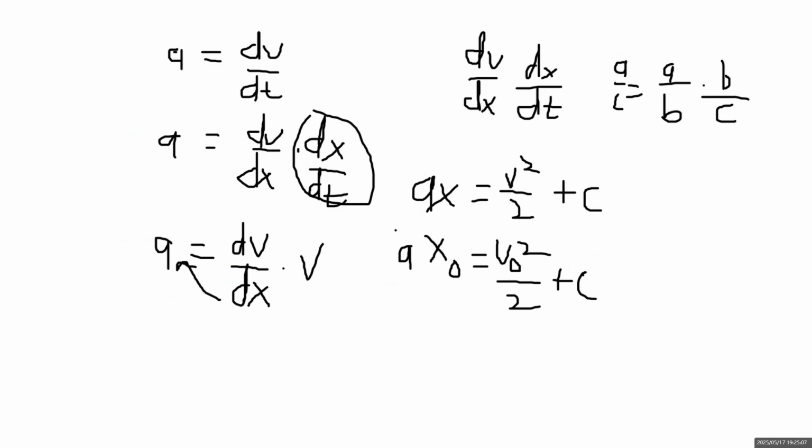And these are all constants. a is a constant, and of course x naught and v naught are also constants, so this is just numbers at this point. Nothing's changing. And this is c equals a x naught minus v naught squared over 2.